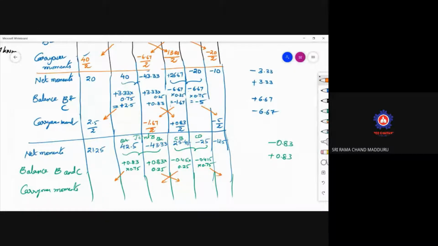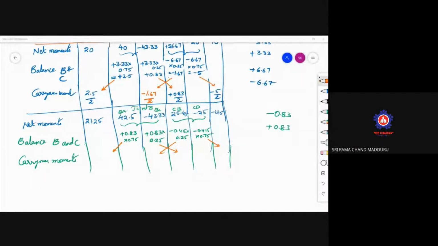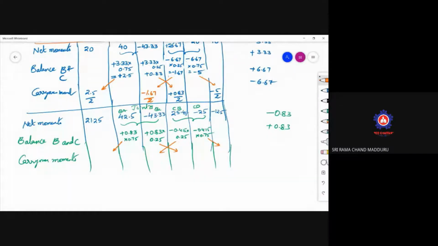Are you saying the final value, or only the carryover elements? Are you saying the previous step net moments or the next further step? Plus 26.225 we have written. What is that value, from where? Okay, now let me write down the carryover moments.